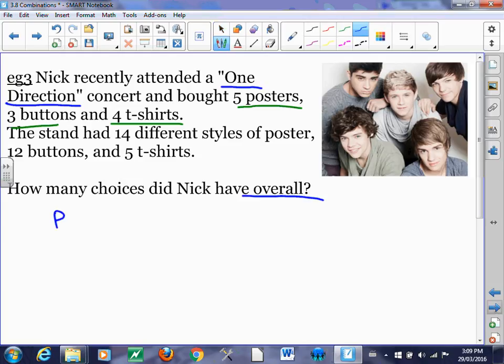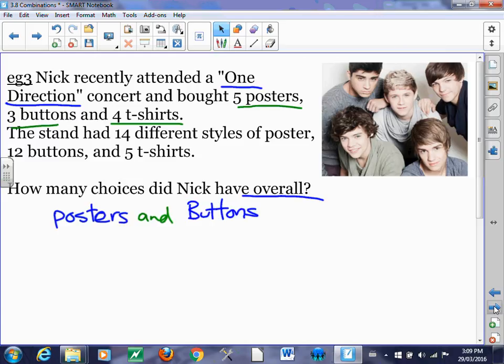So we start with the posters. And because it's overall, we have to say, and, sorry, give me a second to drop that. And the next one is the buttons. Okay, and the t-shirts.